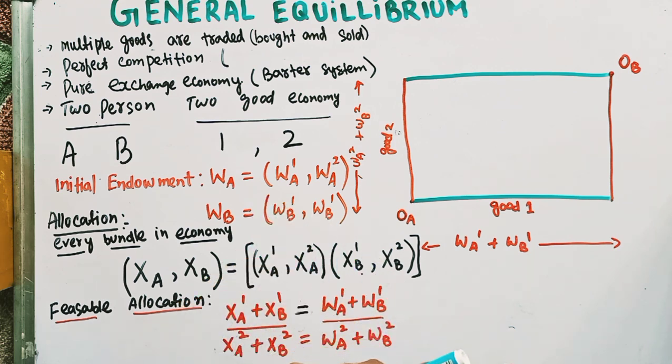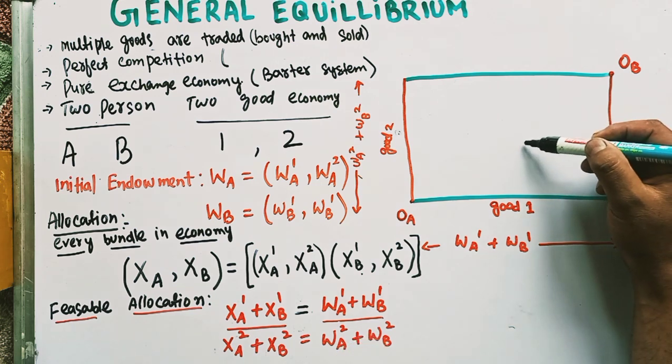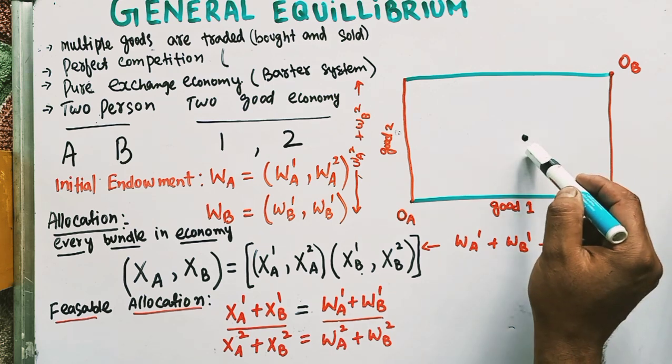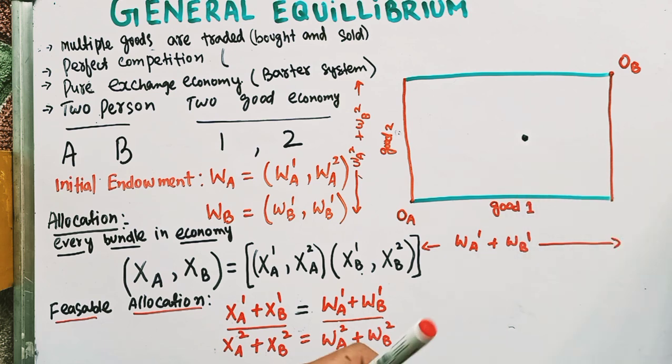Now let's take any point inside this rectangular box. If we have this point, we say this point is an allocation. Obviously it is a feasible allocation. And how do we interpret this point?